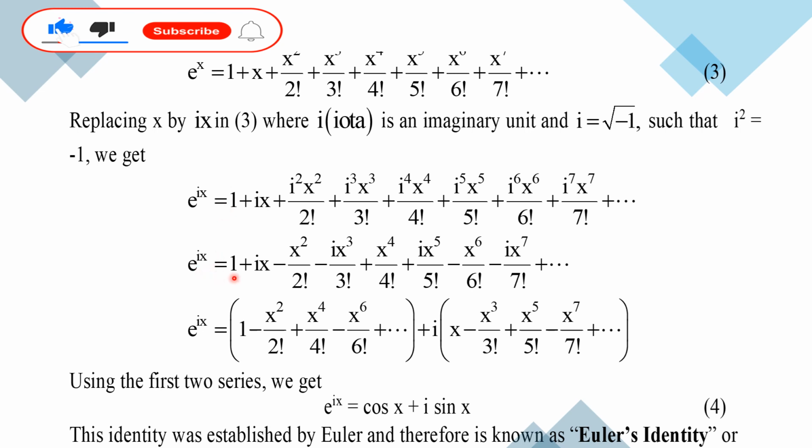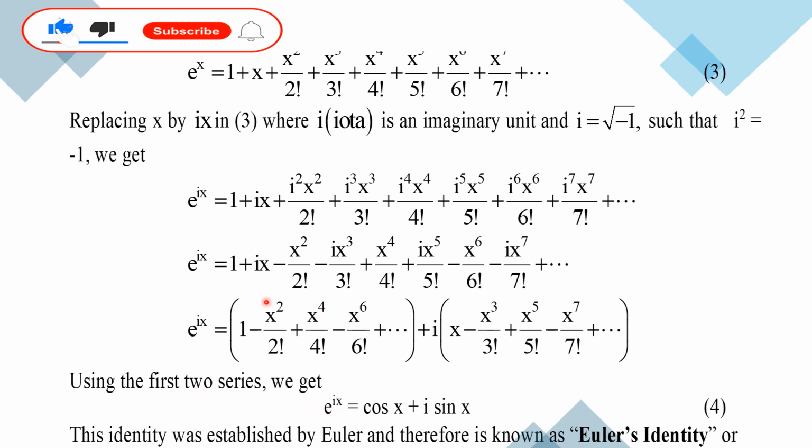Here e power iota x is 1, then iota squared is minus 1, so minus x squared over 2 factorial, plus iota cubed is minus iota, so minus iota x cubed over 3 factorial, plus x to the 4 over 4 factorial and so on. So in e power iota x, we separate the real parts, 1 minus x squared over 2 factorial plus x to the 4 over 4 factorial minus x to the 6 over 6 factorial, and take iota common from the imaginary parts, so iota times x minus x cubed over 3 factorial plus x to the 5 over 5 factorial minus x to the 7 over 7 factorial and so on.